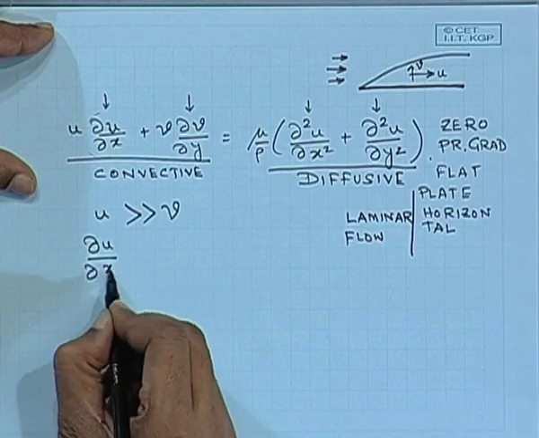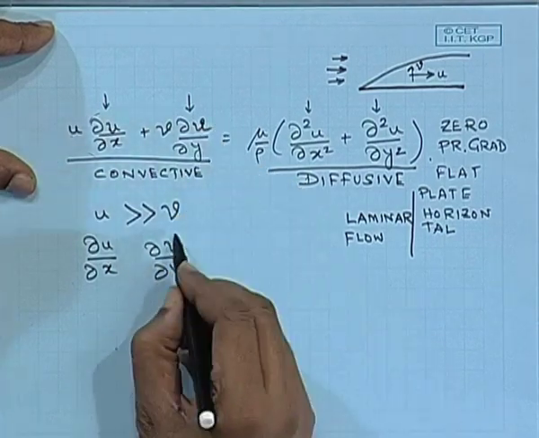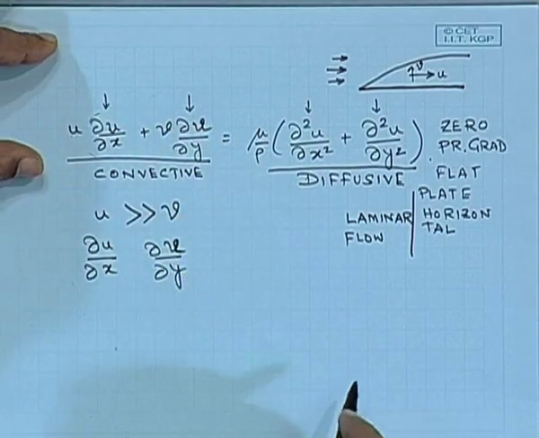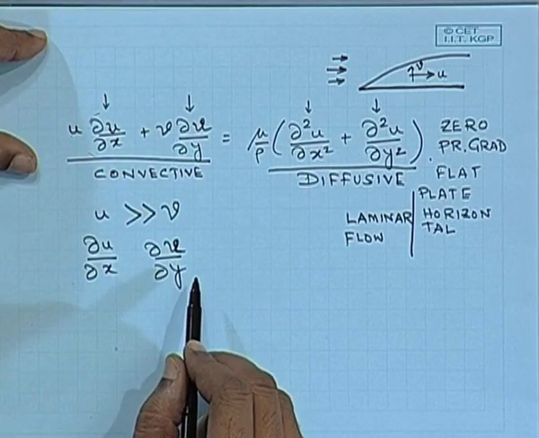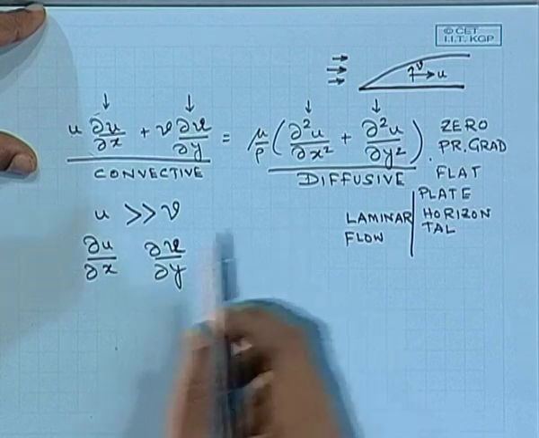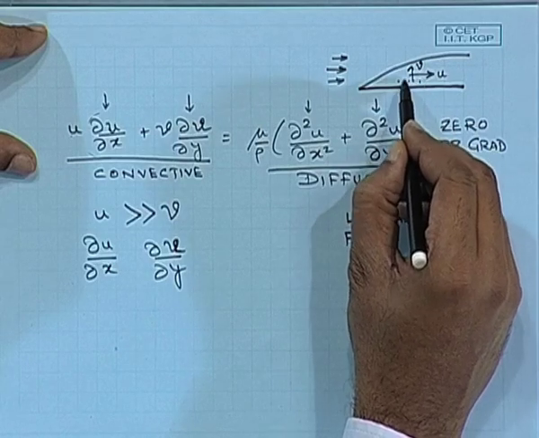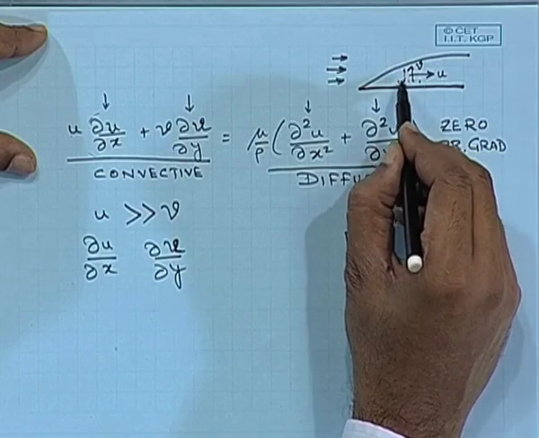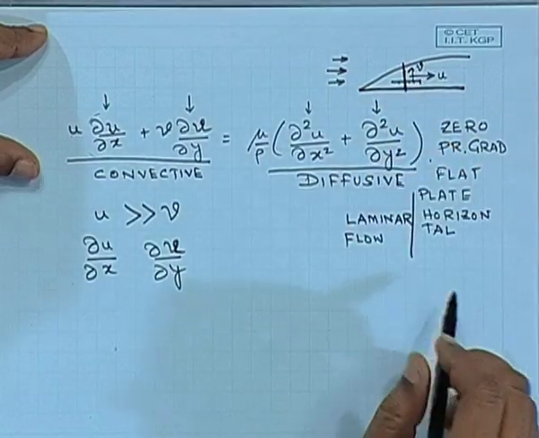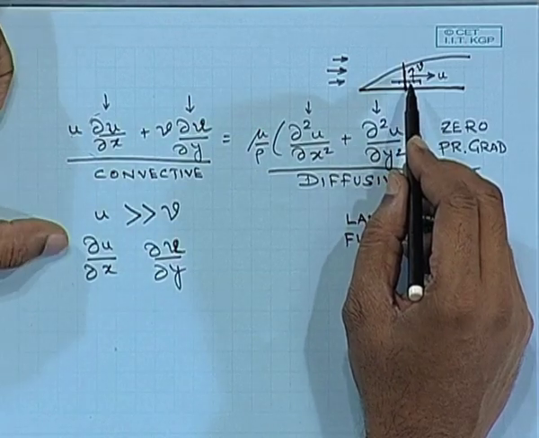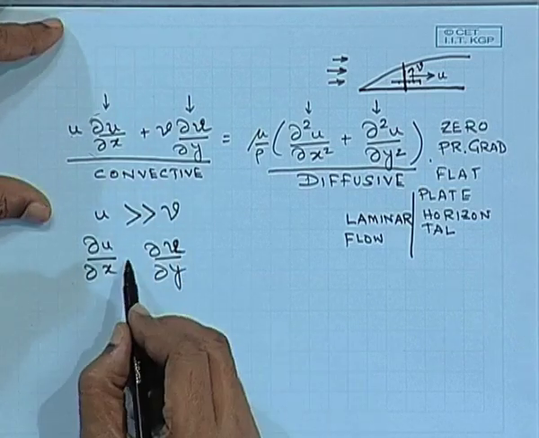Del u del x and del v del y, in fact this should be del u del y. Can we say something about these two terms? The variation of u with x and the variation of u with y, obviously the variation with y is going to be much more. There would be some small variation of u with x, but the variation of u with y is definitely going to be much more.